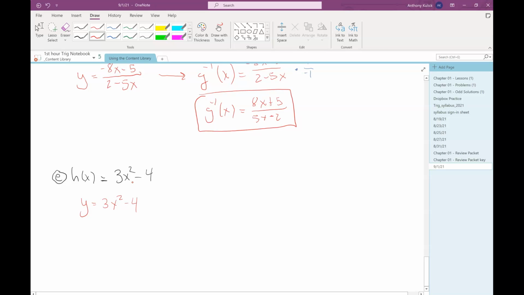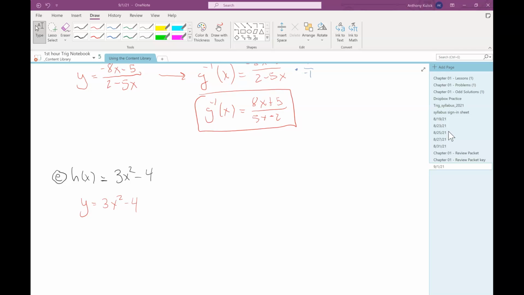And then to get the x by itself, what's the first thing I should do here? What do you guys think? Trying to get the x by itself, right? Well, I wouldn't do square root yet, but eventually I will.